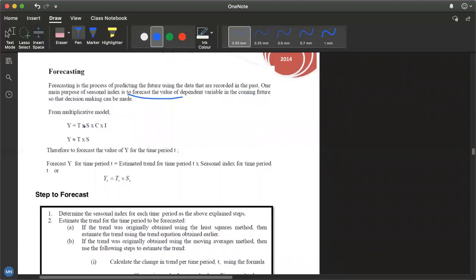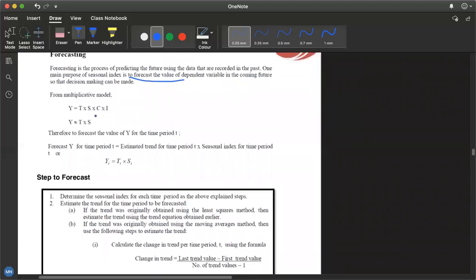So we're still using the multiplicative model, right? Based on the multiplicative model that we learned earlier, y is equal to t multiplied with s multiplied with c multiplied with i. Since our data only focus on seasonal, c should be equal to 1 and i also equal to 1. So to forecast, y should be equal to t multiplied with s, right?